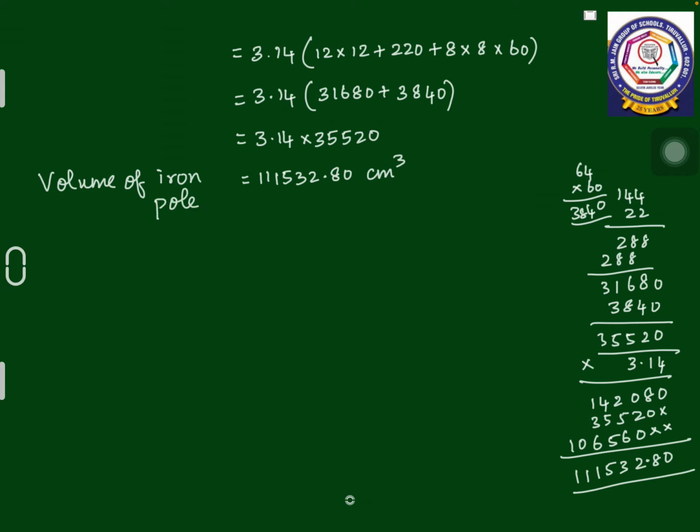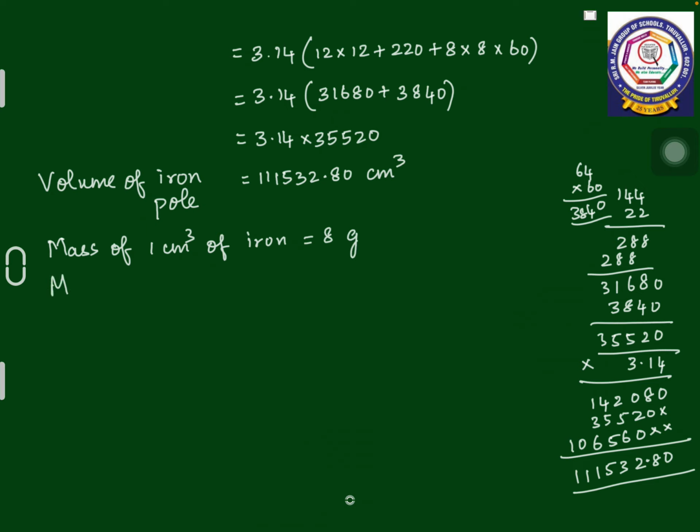They didn't ask you to find only the volume, they asked you to find the mass of the pole, that is the weight of the pole. Given that 1 centimeter cube of iron has approximately 8 gram mass. So mass of 1 centimeter cube of iron is given as 8 grams. Now what is the mass of the pole?